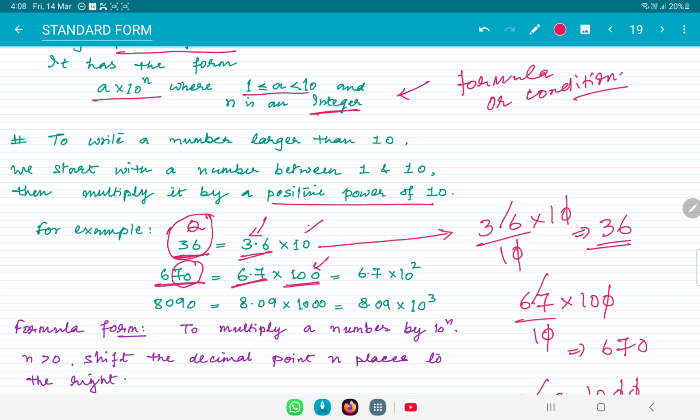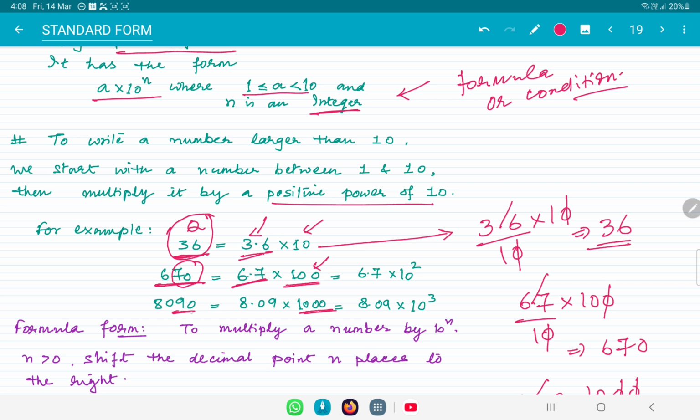Here only 1 digit, so we will multiply it by 10. Here we have 3 digits to put the decimal after 1 digit, so we are multiplying by 1000. So how will we decide whether it is 10, 100 or 1000? We will decide by the position of the decimal.